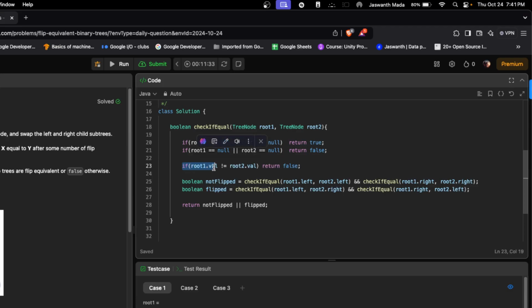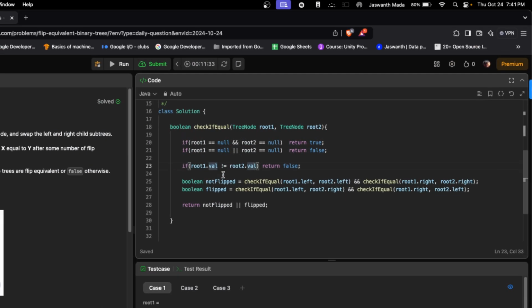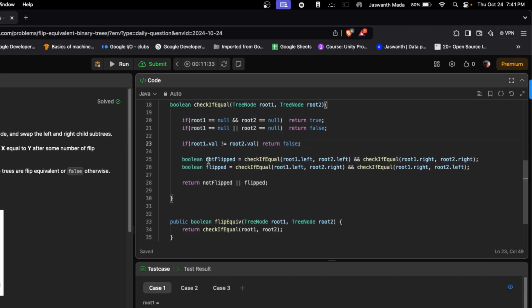As I said, initially I'll be checking each node's value. I'm checking this one with this one, right? If these two are not equal, I'm just returning false. And then, as I said, when the trees are not flipped, what I'm going to do is check for the left subtree of root 1 and the left subtree of root 2.